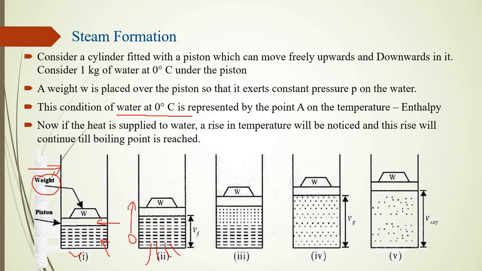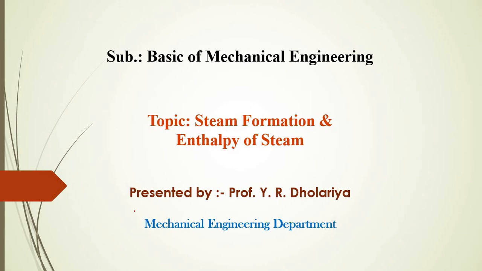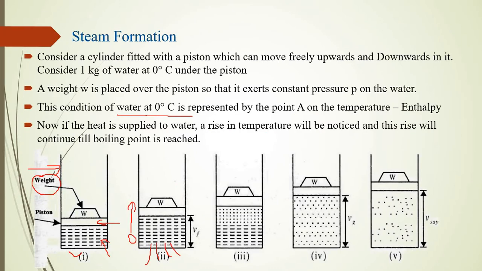The water gains heat from the external source, and what happens inside the water? There is a change in density and it requires more volume, which gives pressure on the piston.